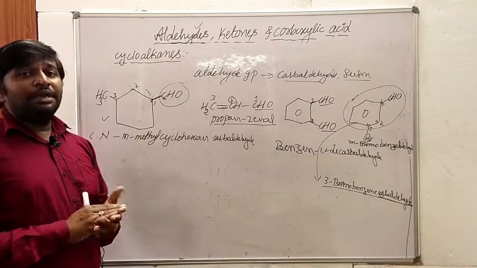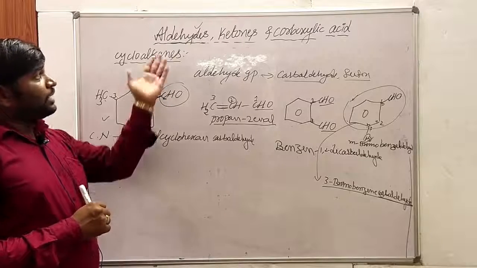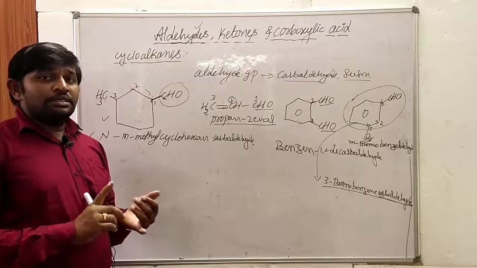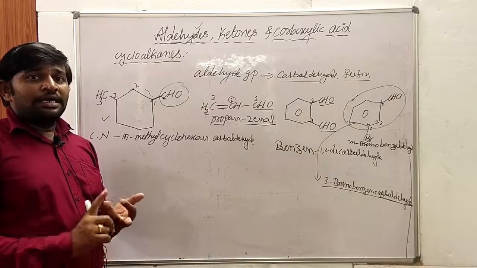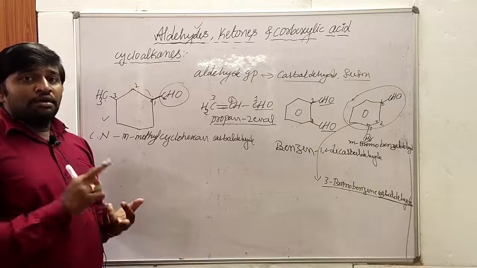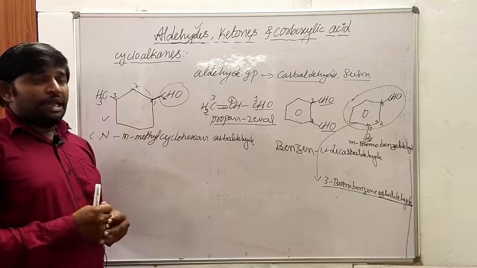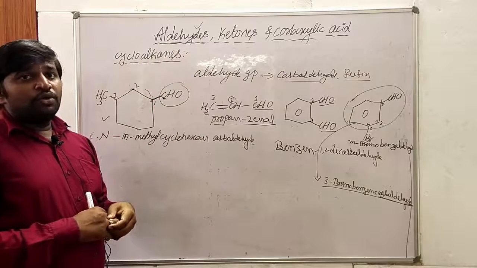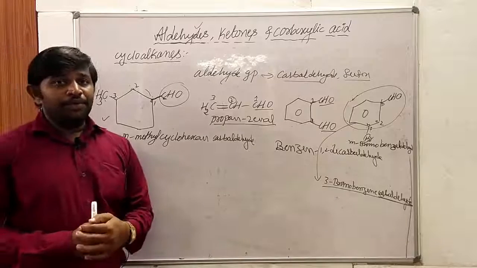There are many named reactions for the aldehydes. What kinds of named reactions are there? There are the Stephen reaction and the Rosenmund reaction, and more. These are all the named reactions for the preparation of aldehydes and ketones. Those important reactions let us cover in the next video. Thank you.